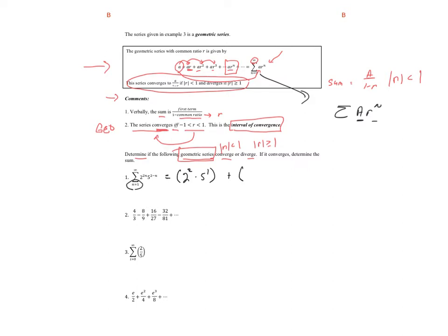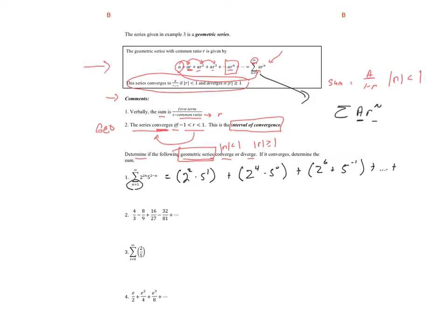Then I change that to a 2, so that's 2 to the 4th multiplied by 5 to the 0. Then I change it to a 3, so that's 2 to the 6th times 5 to the -1, plus and so on.